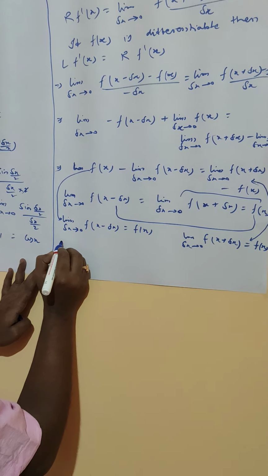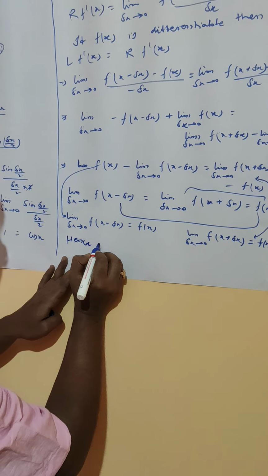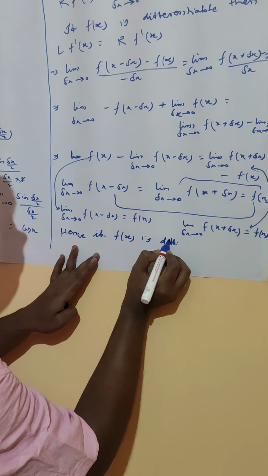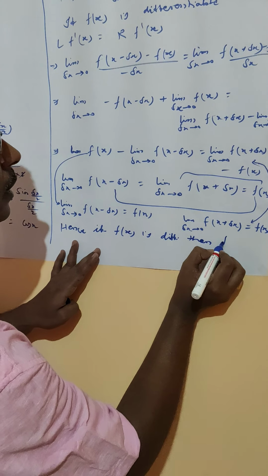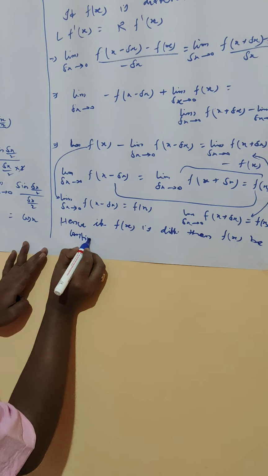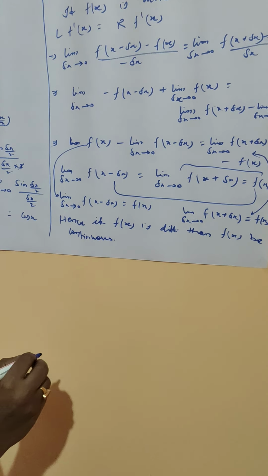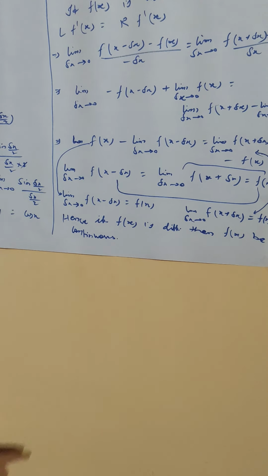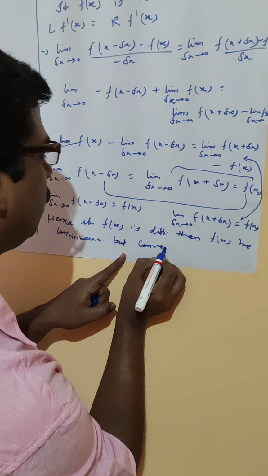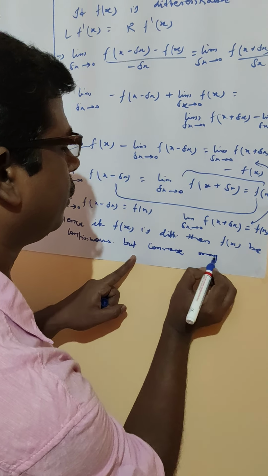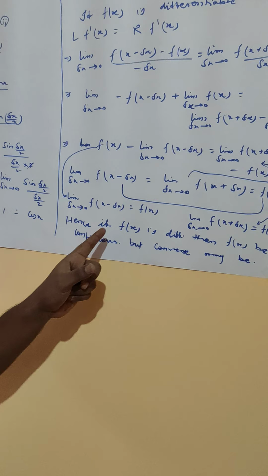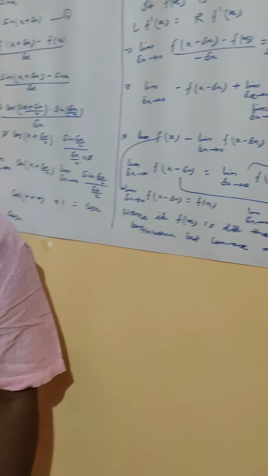Hence, if f of x is differentiable, then f of x is continuous. This is the necessary condition. But the converse may not hold: if a function is continuous, it may be differentiable. Okay, thank you.